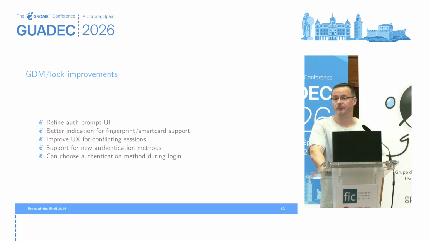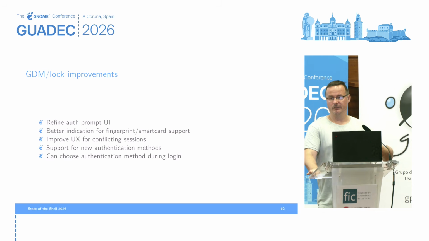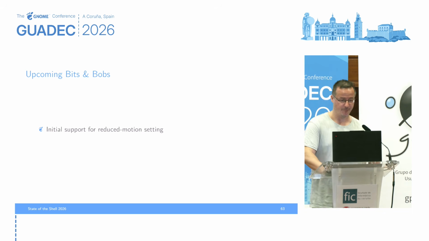Oh yeah, and you don't have to decide before starting the authentication which method you will use. You can start the authentication process and then make your choice. You select your user and then you can choose, oh, I want to identify by passkey, by smart card, or just enter my password.